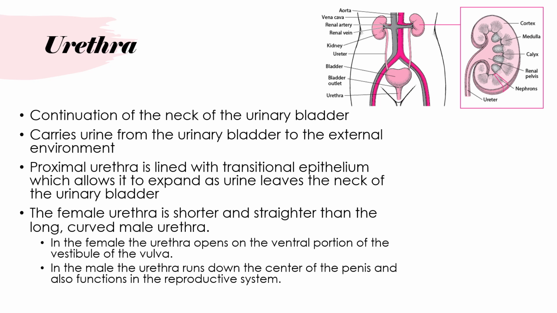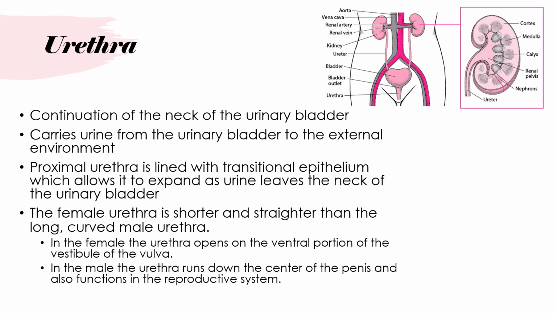Now your urethra is a continuation of the neck of the urinary bladder. It carries urine from the bladder to the external environment, hopefully the toilet or the woods. The proximal urethra is lined with transitional epithelium cells. God, they're everywhere, all those transitional epitheliums. That allows it to expand as urine leaves the neck of the bladder.